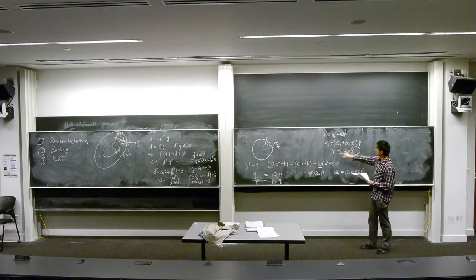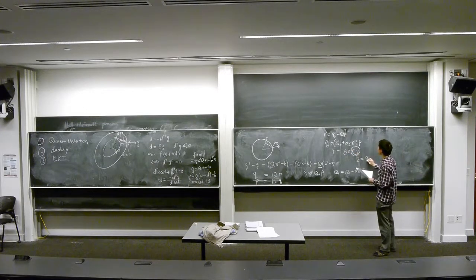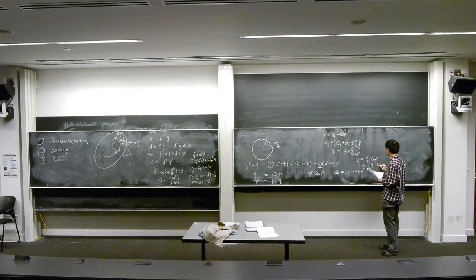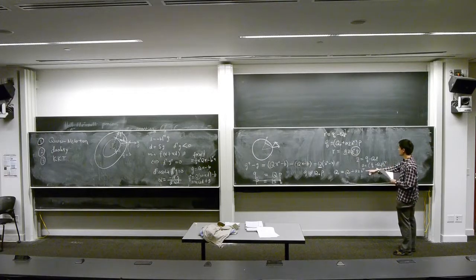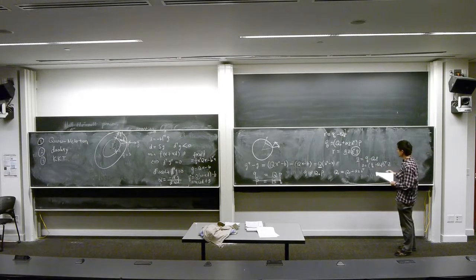And I want Z to be R because this is rank 1, and this is a scalar number. So what I end up doing is I set Z to be Q minus Q0 P, and my A is Q minus Q0 P transpose Z. Okay.